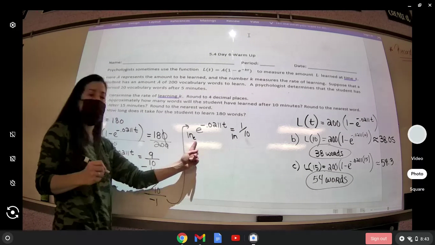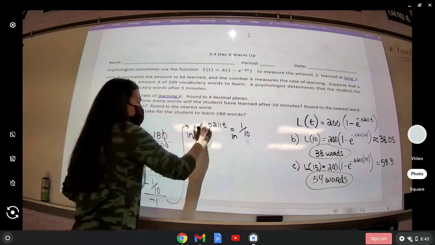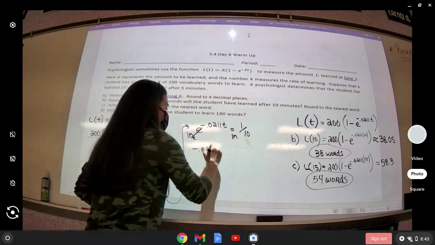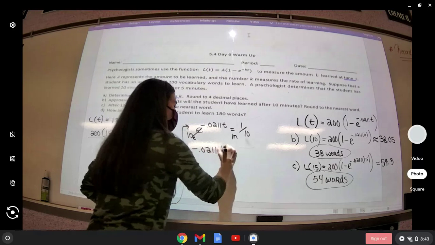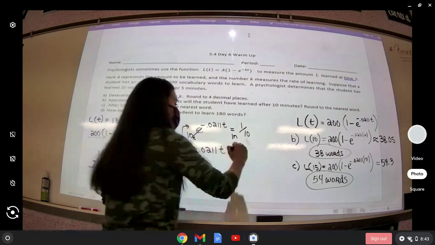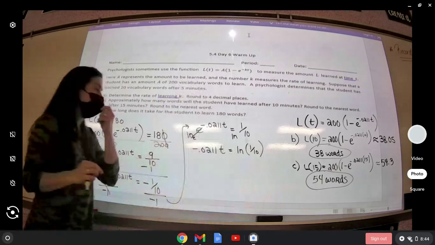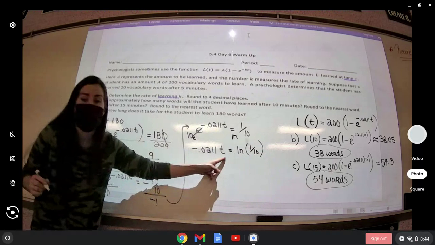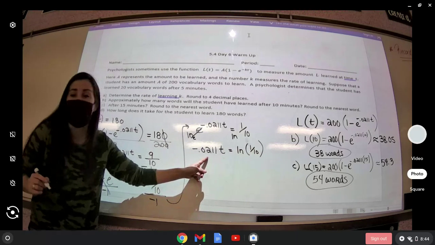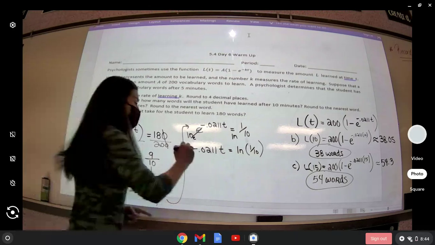A natural log base e of a base e exponential, cancel. And it equals whatever the natural log of 1/10 is. And then to get t completely by itself, I have to divide by negative 0.0211.